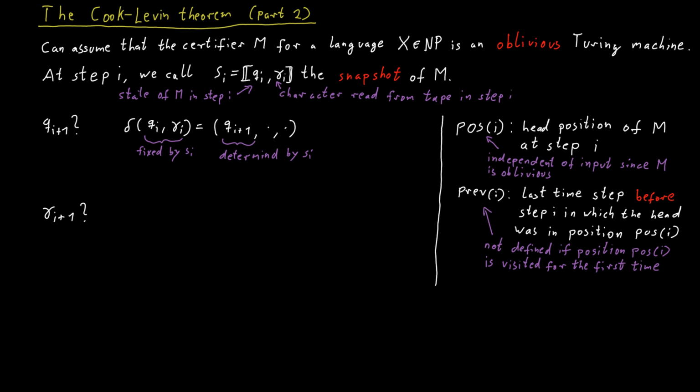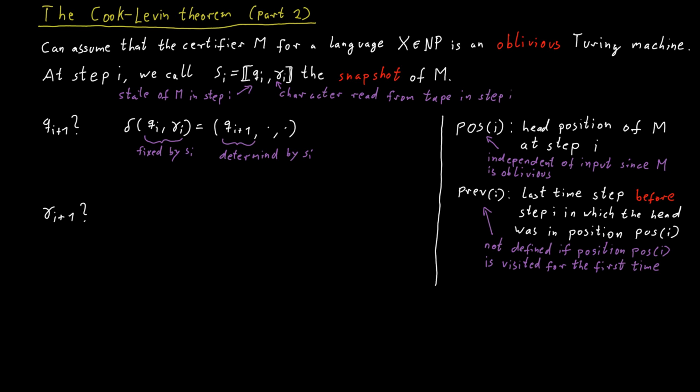The reason prev of i is interesting is that the character we will read now in this cell will depend entirely on the character we wrote to that cell the last time we were there. Right? So last time we were at the cell, we wrote some character in it, and now in step i, that's the character we will read.